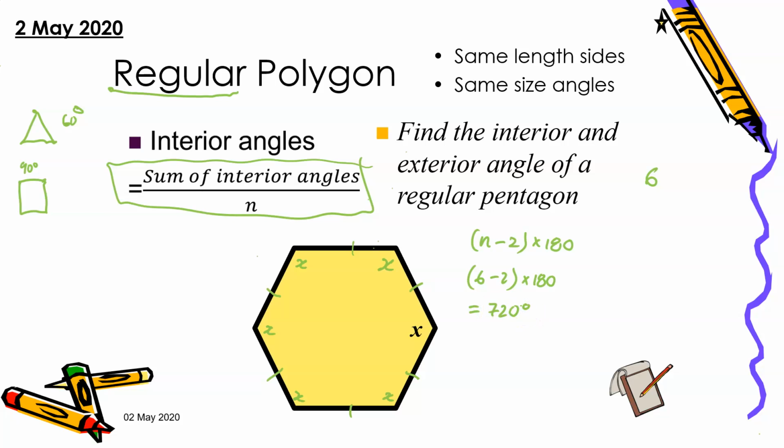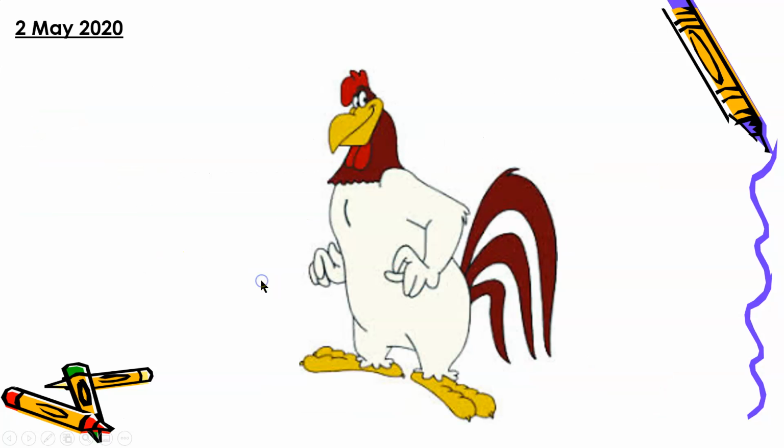Because I know that, and I know I have all those x's, the size of one of those angles must be equal to 720 divided by 6, which is equal to 120. So in a hexagon, these angles are 120 degrees. And you can do that for all the regular polygons to work out their individual angles.